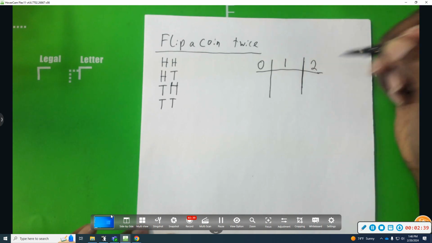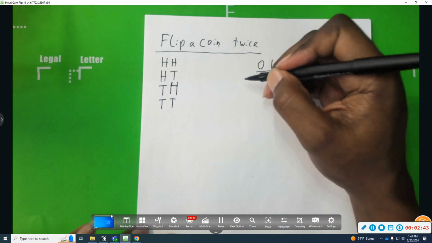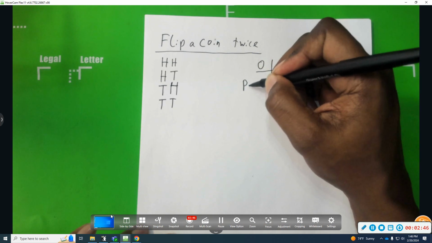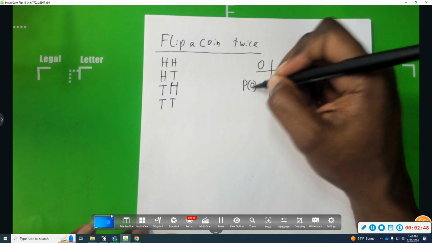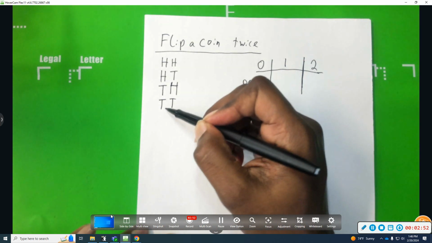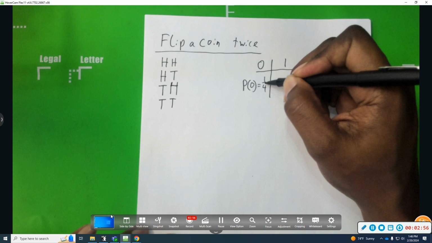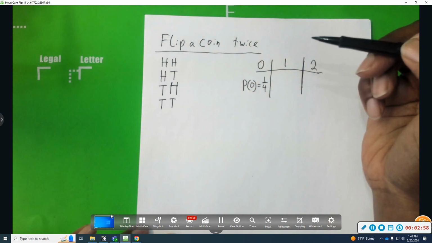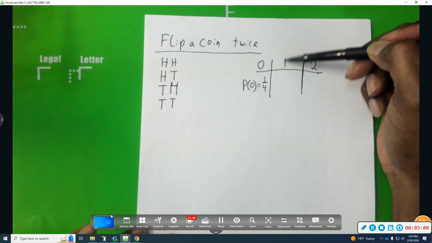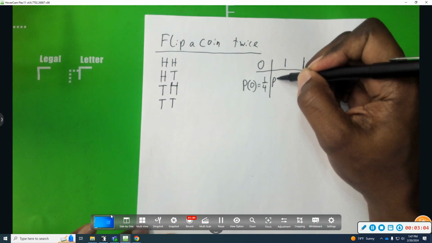Okay. Then each of these will have a probability. So let's say the probability that I get 0 heads when I flip a coin twice. There's 1 outcome out of 4. So that probability would be 1 out of 4. I could look at the probability that I get exactly 1 head when I flip a coin twice.